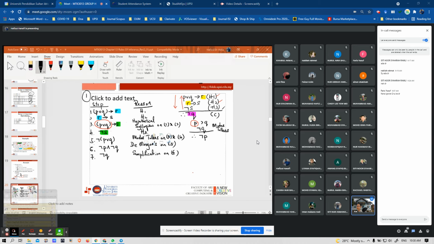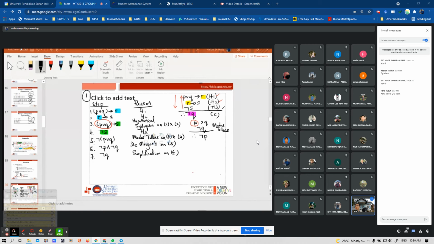And then you go by De Morgan's law on 5, because you open the inner bracket, negate P, and the disjunction becomes a conjunction. Okay, and then we do the simplification.